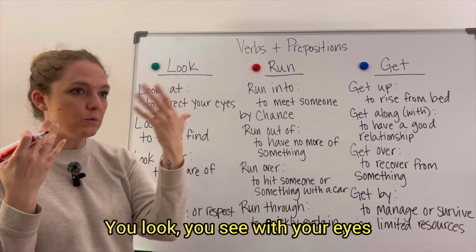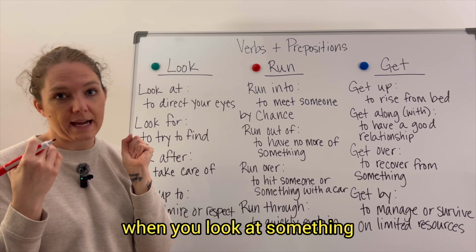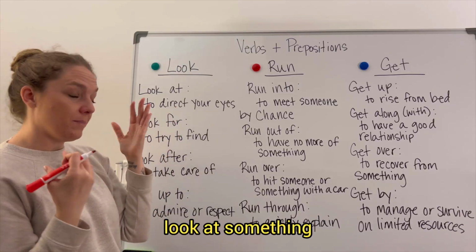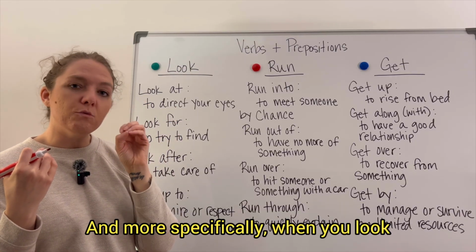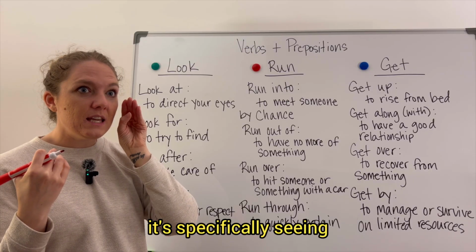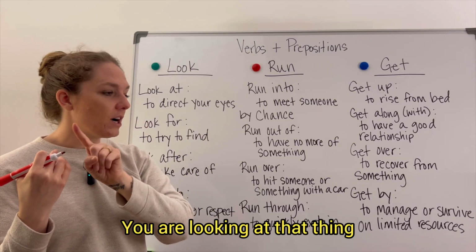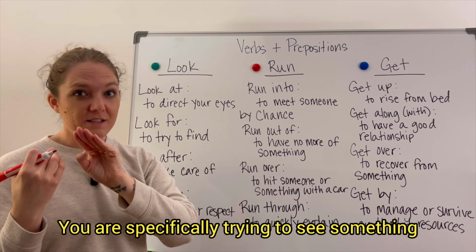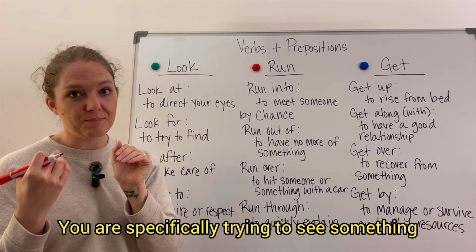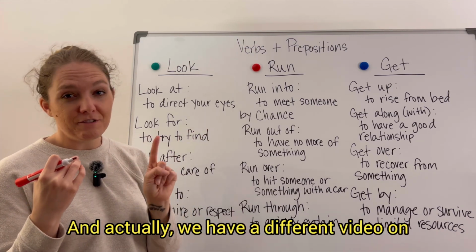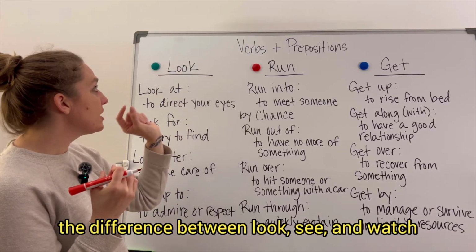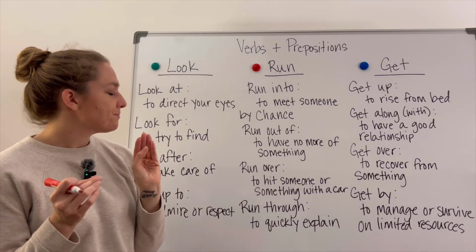You look, you see with your eyes when you look at something. More specifically, when you look, you are specifically trying to see something. And actually, we have a different video on the difference between look, see, and watch.